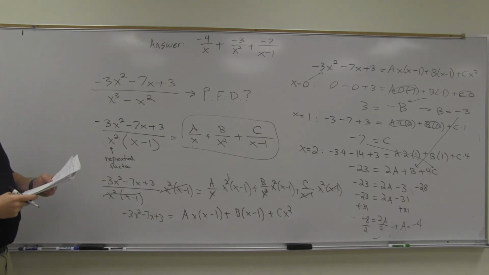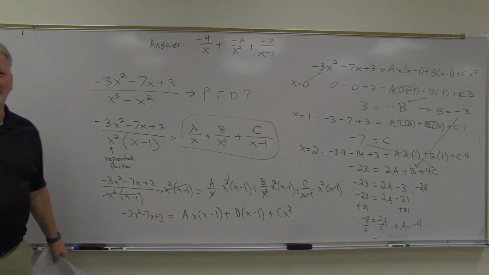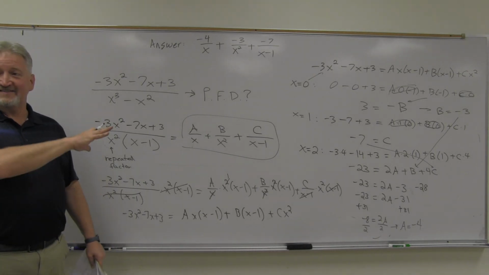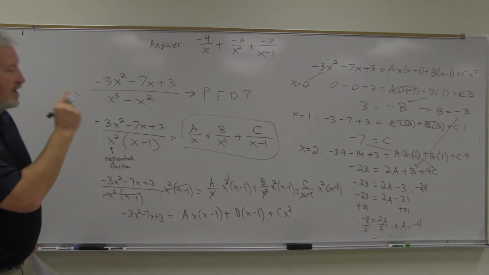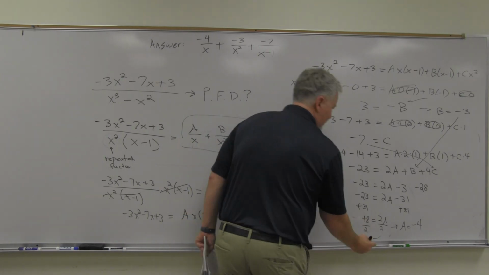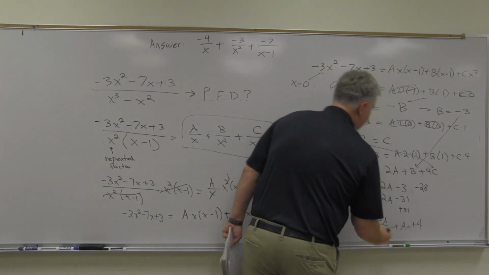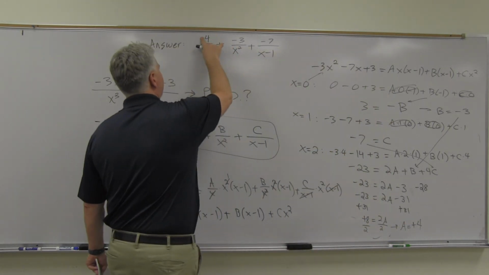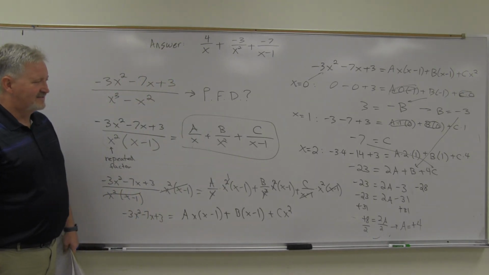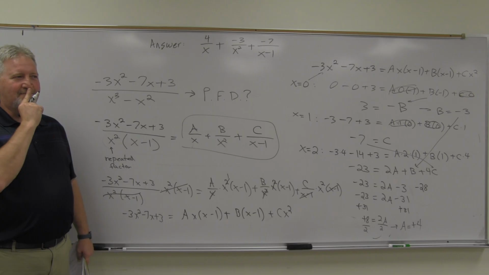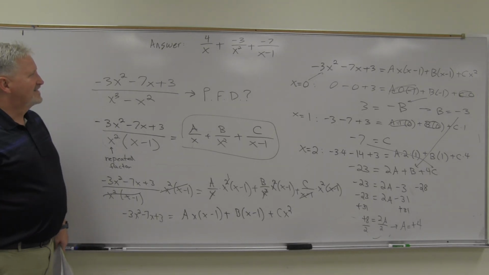Is that right? Wouldn't 8 be positive down there? 31. Oh, positive. Ah, okay. That's what it was. Thank you. Positive 4. Thank you. I was thinking I didn't design one with all negatives.